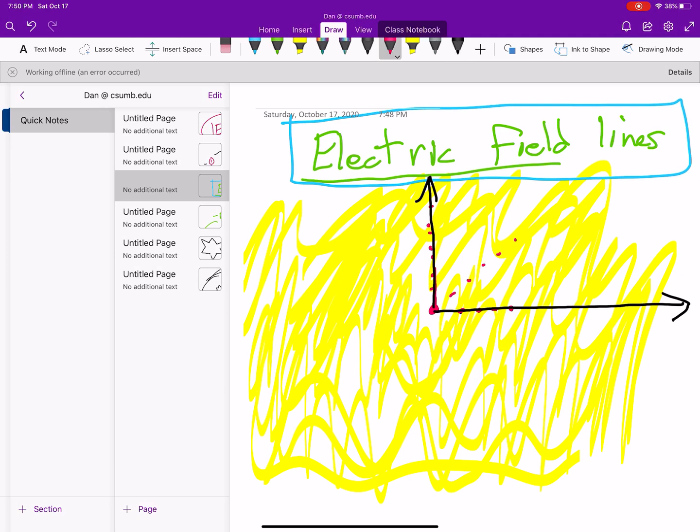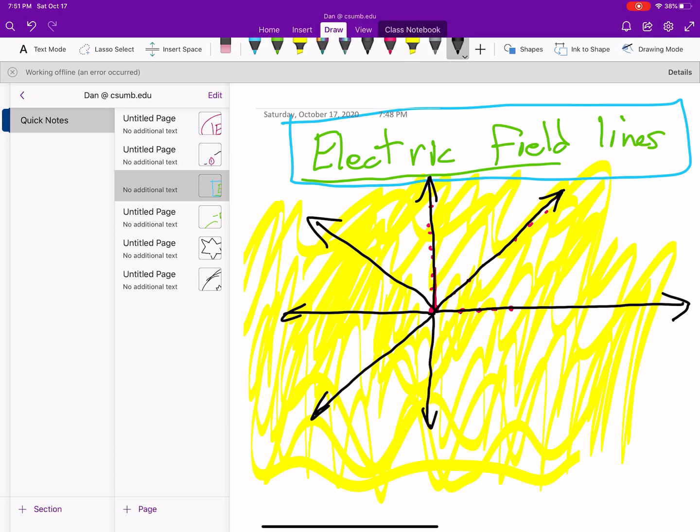At any of these points along this line, a positive charge would experience a force directed that way. And I can keep drawing these all the way around this charge to represent the direction of the force that a positive charge would experience at any point in space.